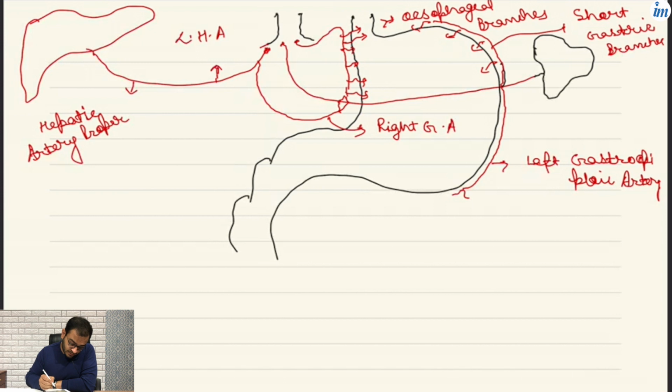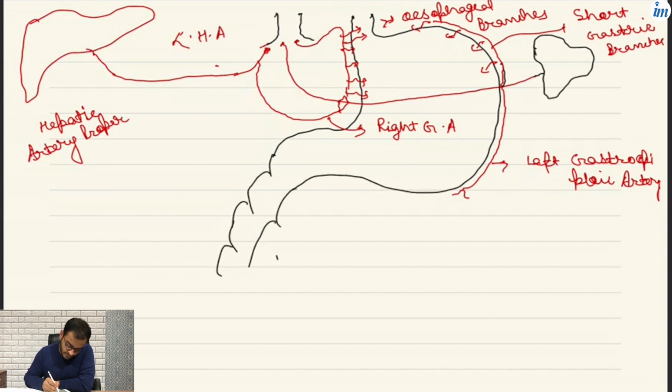Then from the common hepatic artery we have one more branch, which is the gastroduodenal artery.